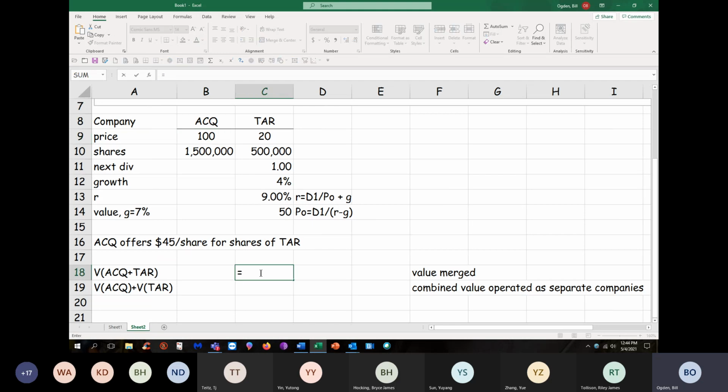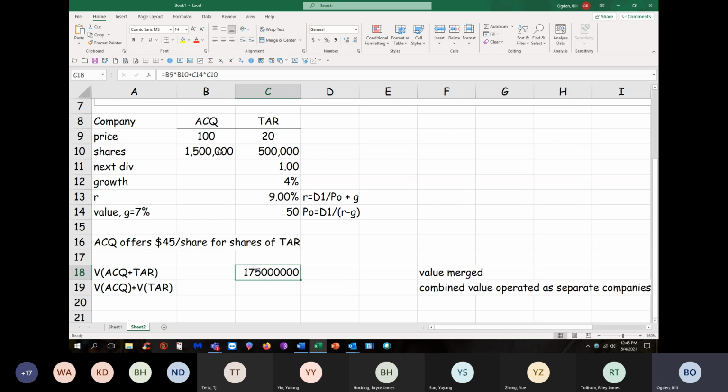So we'll do the $100 per share times the 1.5 million shares, plus the $50 per share times the 500,000 shares. And of course, you always want to use a comma format when you're doing millions. Do I have 175 million? So 17.5 million. What do I have here?